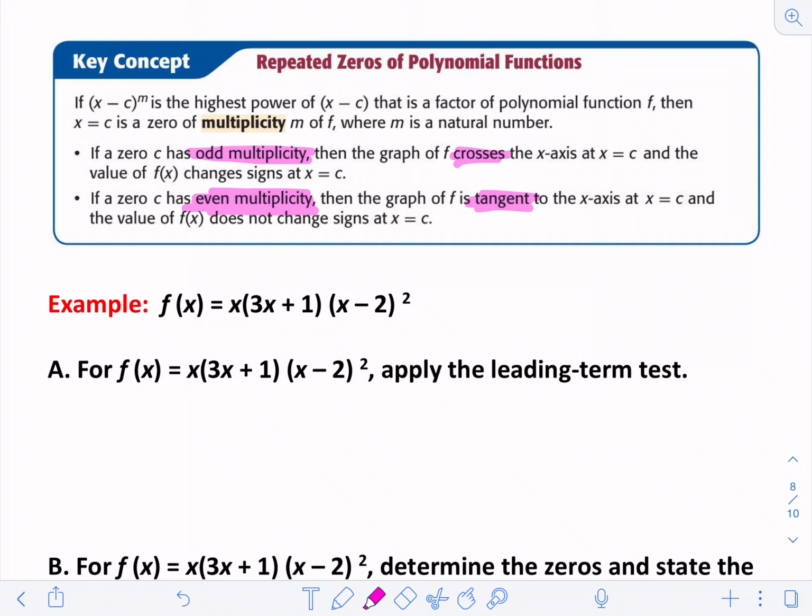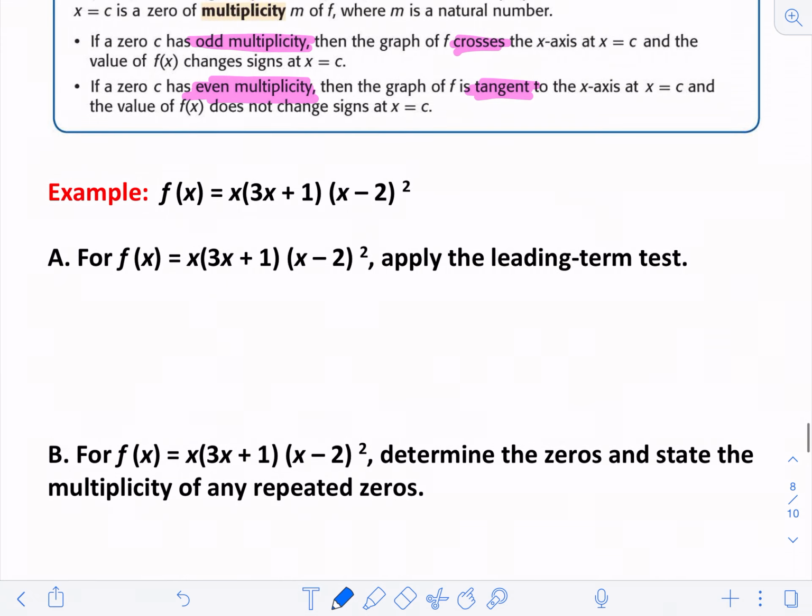So we can wrap everything up together that we've learned so far in this last example. I want to find the end behavior, the zeros, the multiplicity, and the turning points, and then I want to try to graph this particular function. So let's put it all together here. F of x is equal to x times (3x plus 1) times (x minus 2) squared.